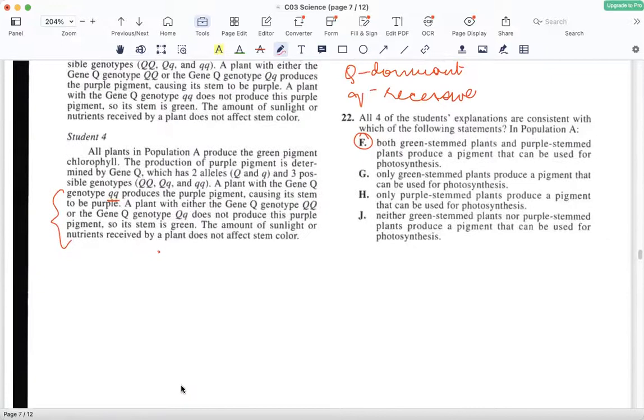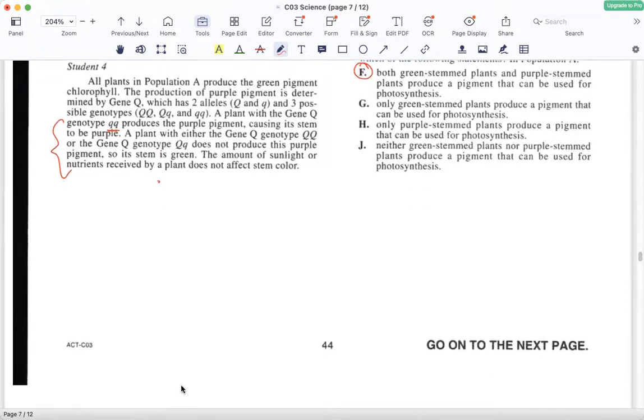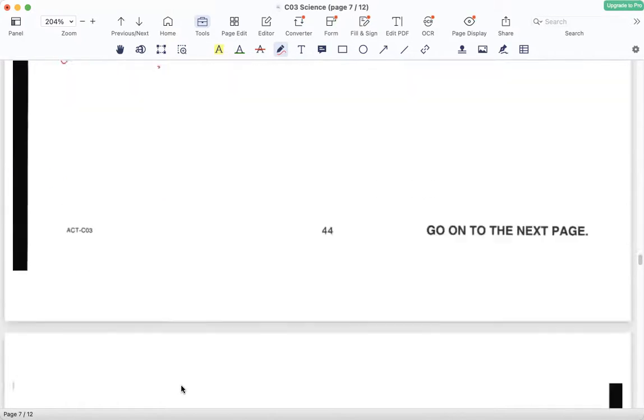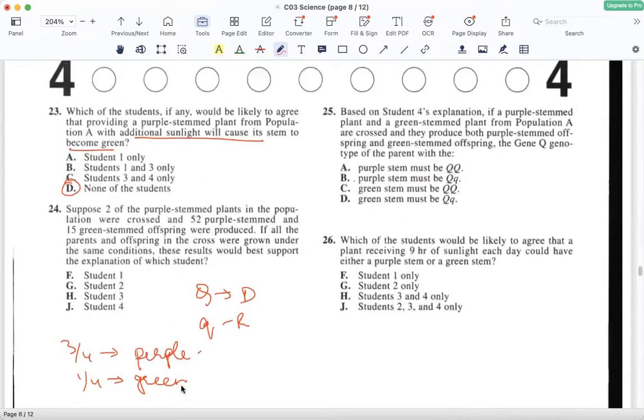While in the second case, yeah, because in the second case, it is only small q. Wait, so here it was, how is it 3 out of 4? Because capital Q, small q, capital Q, and capital Q, right?